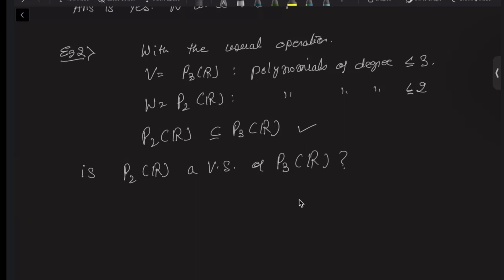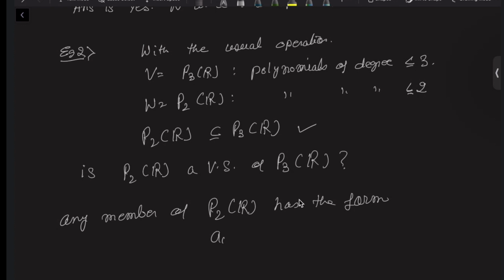Now we have to check the three conditions to claim that P2 of R is actually a subspace of P3 of R. Any member of P2 of R has the form, so what is the standard form of any 2-degree polynomial?